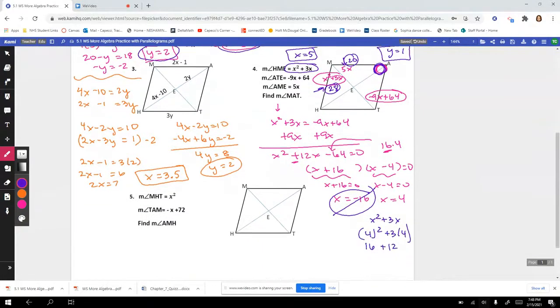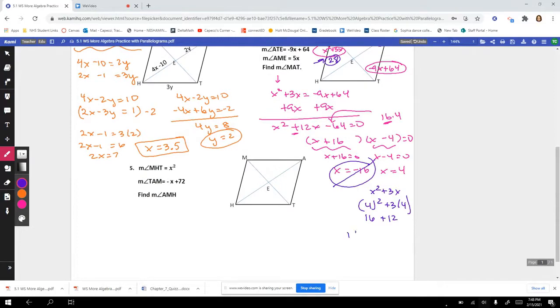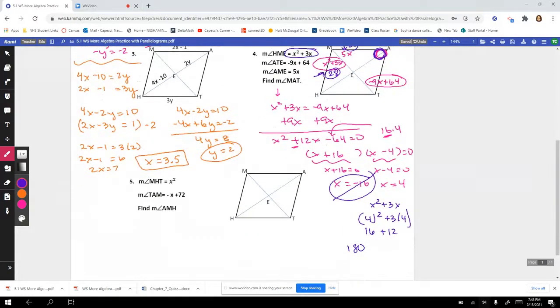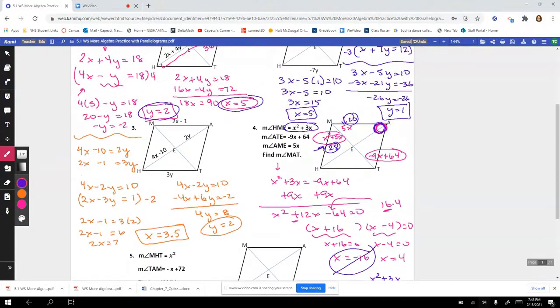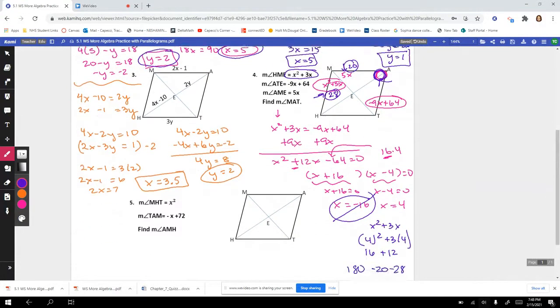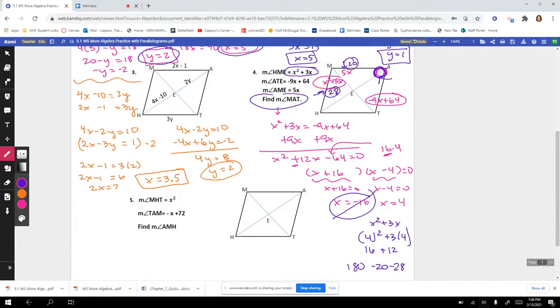And when I'm trying to find that entire angle, I'm going to get 180, and I'm going to subtract 20 and subtract 28. And in the end, that gives me 132. So the measure of angle MAT is equal to 132.